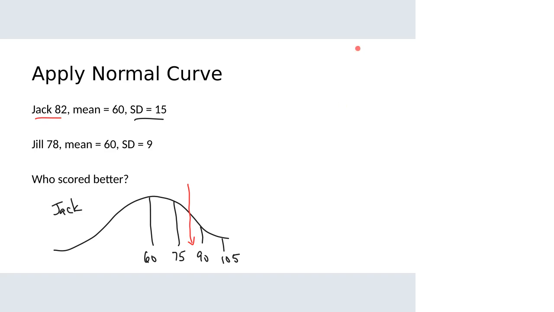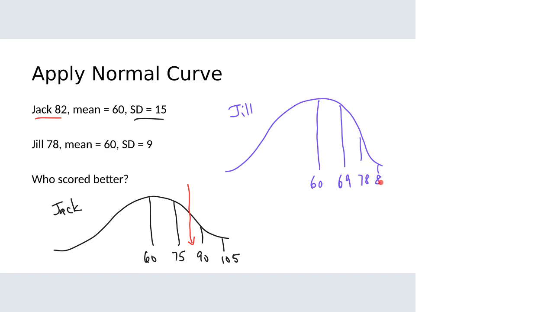Now we're going to draw one for Jill. Her mean on the test she took was 60, but the standard deviation on her test was 9. So we've got 69, 78, 87. And we can see that Jill's score was 78, so it landed right here exactly.